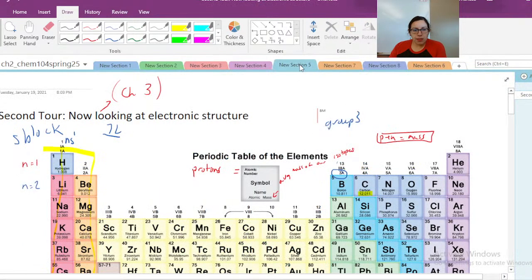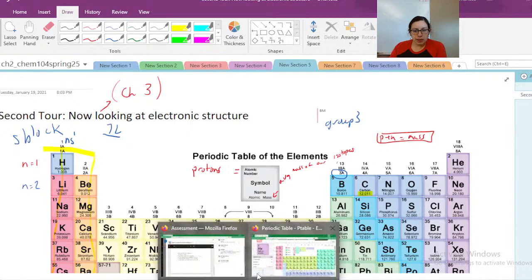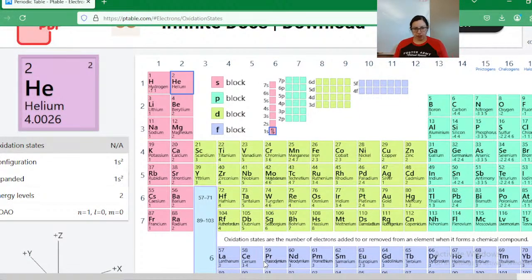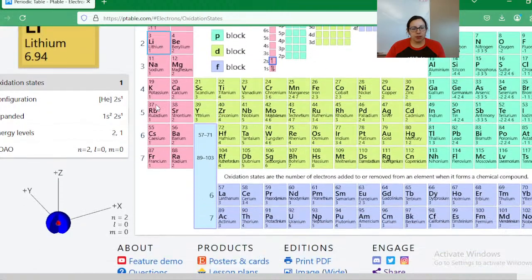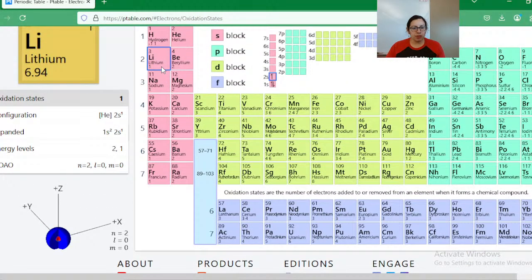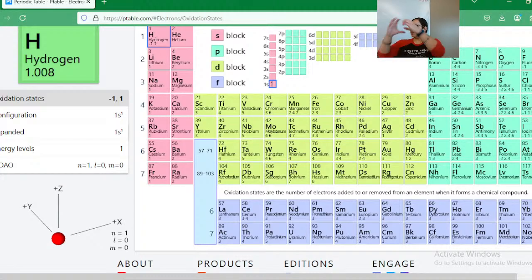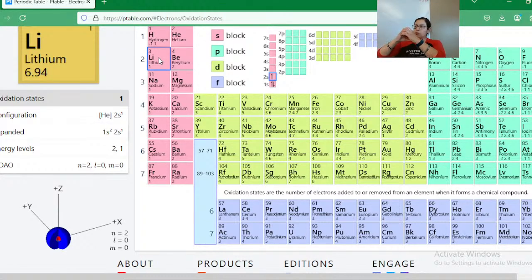And so again, think of what's going on. So this is a lot to think about. And so now that we've dropped to our second energy level, we can see that, so I'll click, there's hydrogen. So we have 1 onion shell. Now we've gone down to lithium. So we have our first orbital.